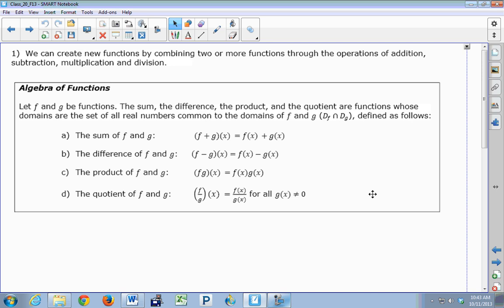We have to be very concerned when we do a quotient, because we have to make sure this quotient is defined for all numbers, and we have to pay particular attention to when g of x does not equal 0, because we can't divide by 0. So let's do some problems with combining functions through 4 basic operations.